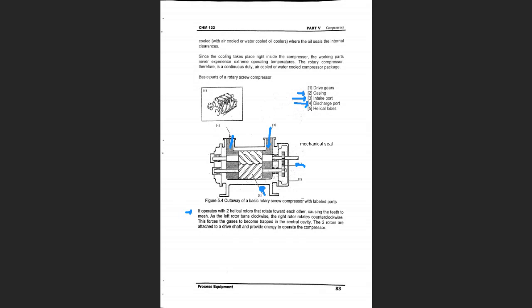This forces the gas to become trapped in the central cavity. It makes it trapped and it experiences a huge reduction in its volume. And the two rotors are attached to a driving shaft and provide energy to operate the compressor.